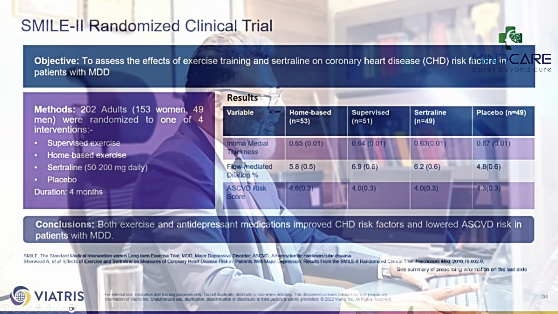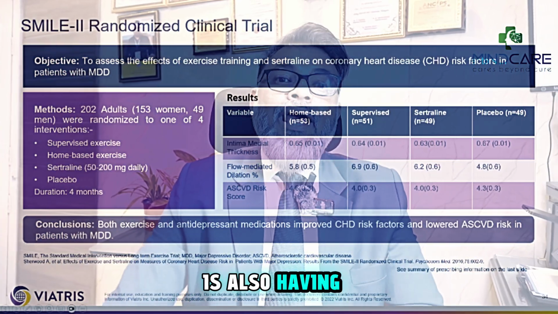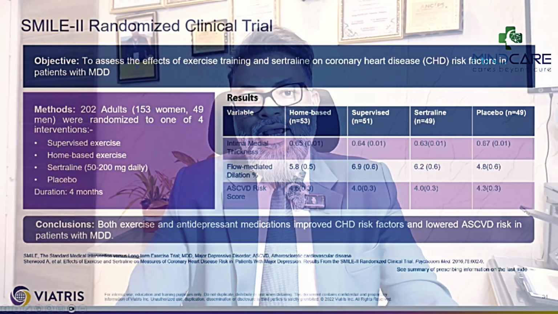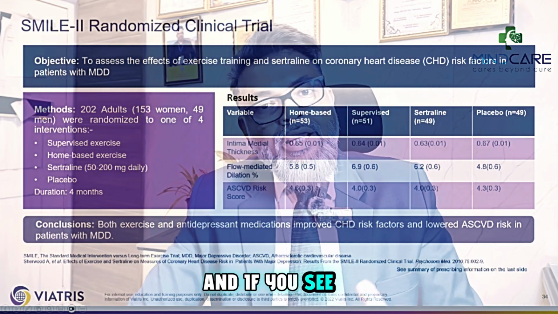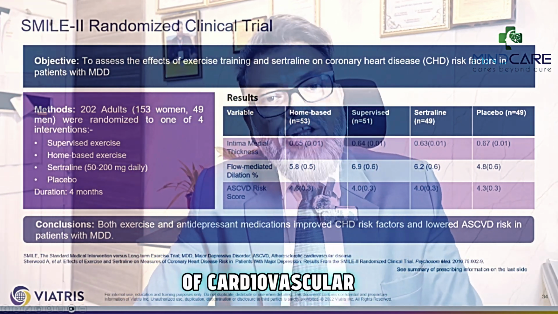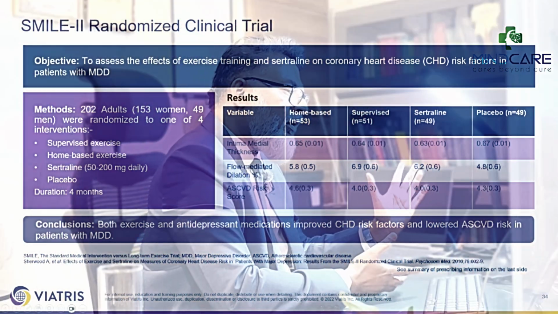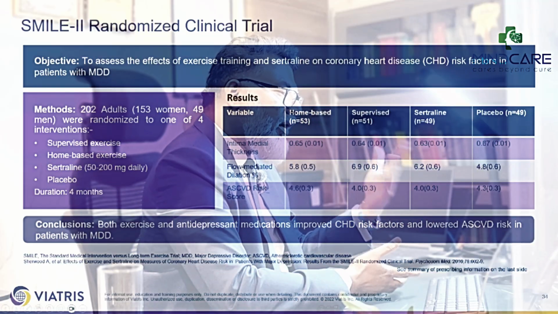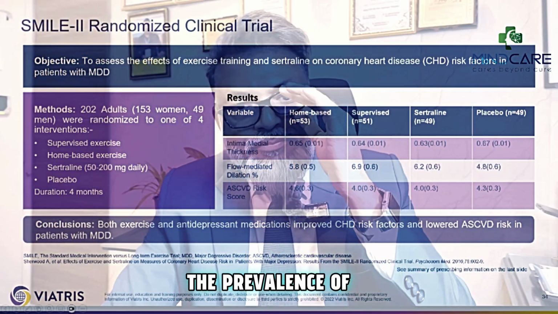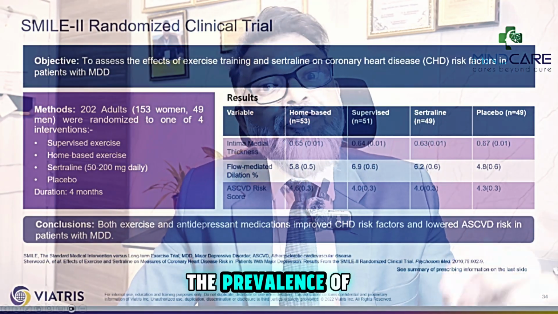And apart from that, sertraline also has an antiplatelet effect. If you look at patients with cardiovascular illness, cardiodiabetic illness, or metabolic illness, the prevalence of depression is around 40%.